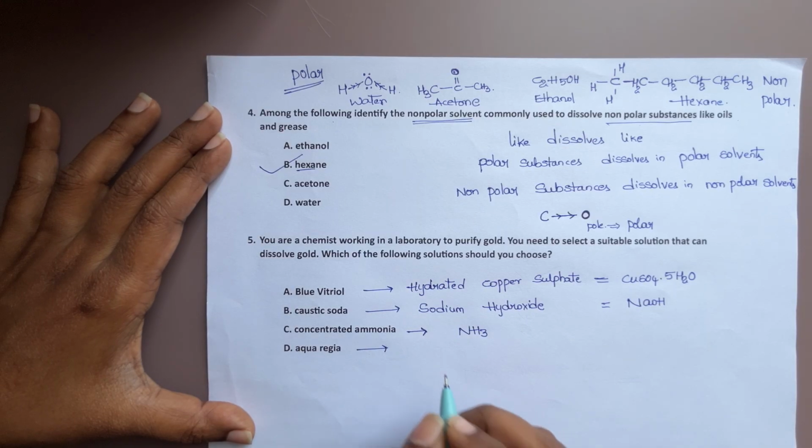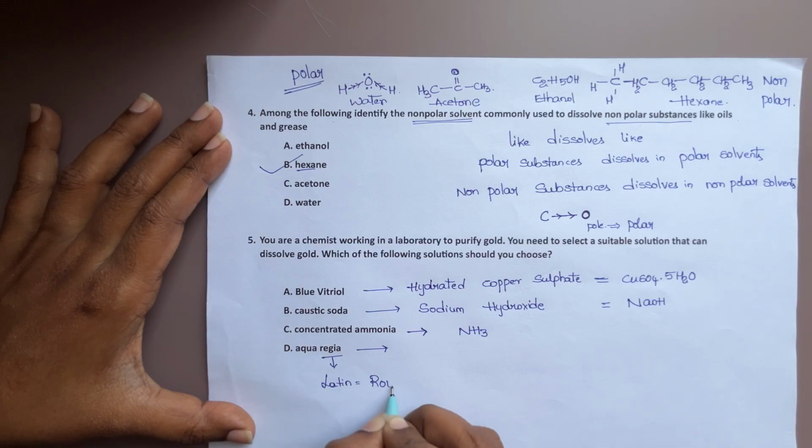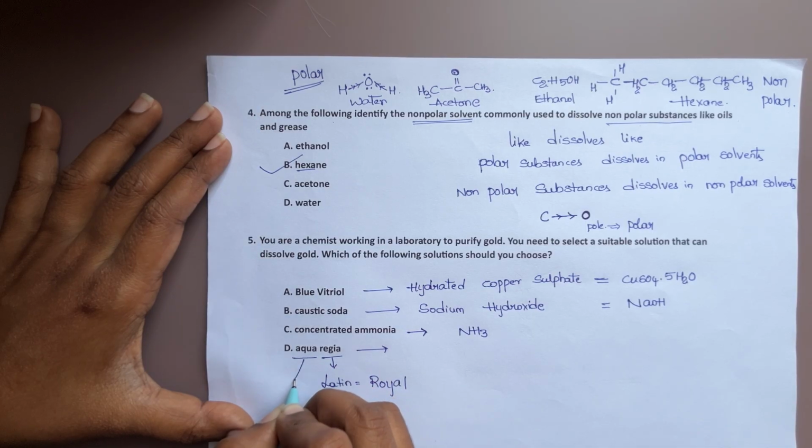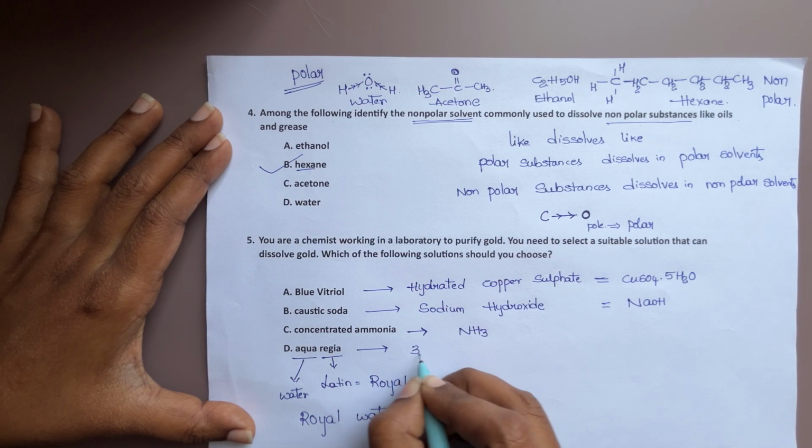Now aqua regia. Aqua regia was very important in olden days. Regia in Latin is nothing but royal. Aqua in Latin is nothing but water. So aqua regia is nothing but royal water. So what is that royal water?